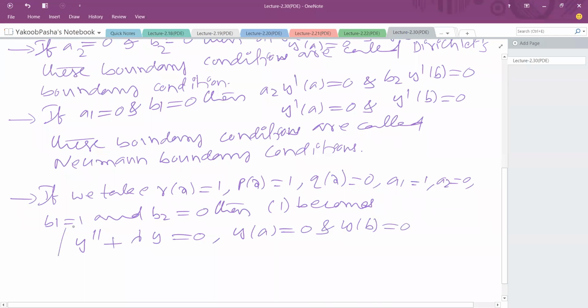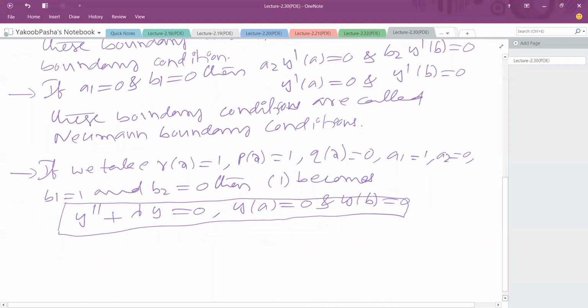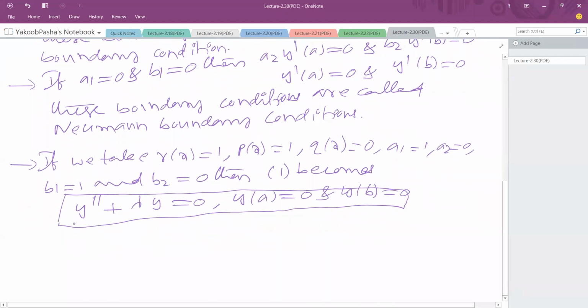This problem is called the Sturm-Liouville problem in simplest form, or the simplest form of the SLP. It is a second order linear differential equation with constant coefficients.